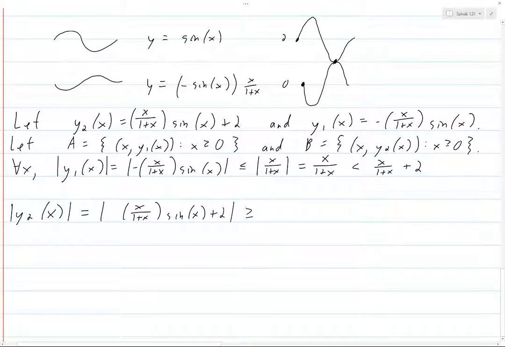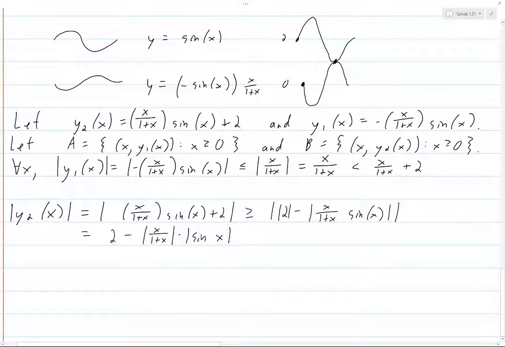By the reverse triangle inequality, this is greater than 2 minus this. Because sine of x is less than or equal to 1, this is going to be greater than or equal to 2 minus the norm of x over 1 plus x.